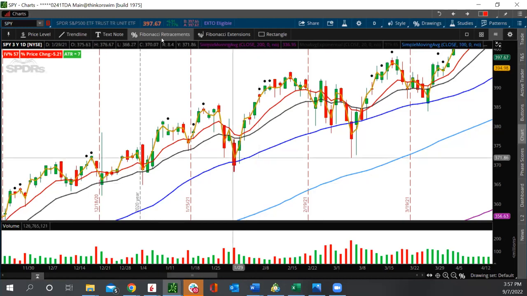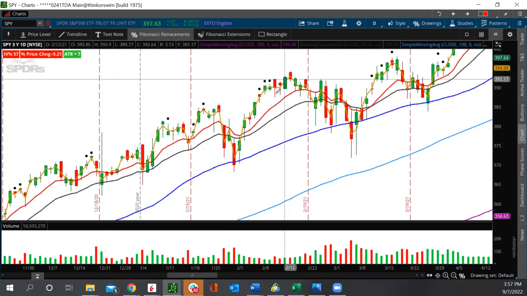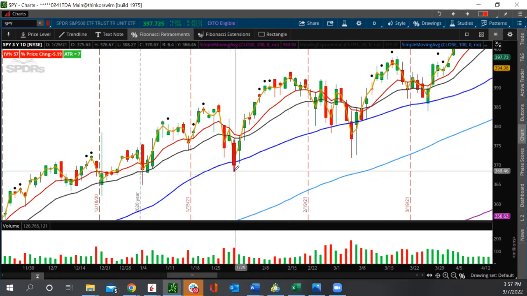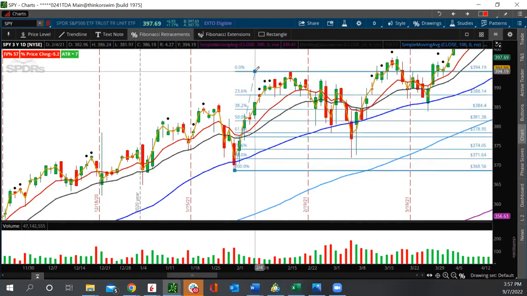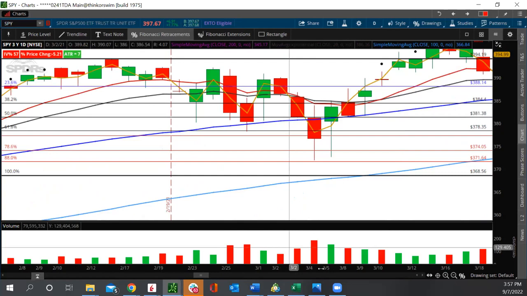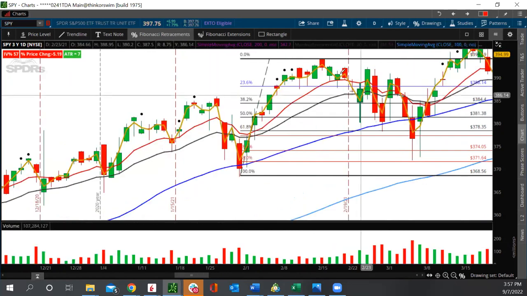But let's say I were going to do this Fibonacci retracement again. Here's this most recent low, and then here's the high. So let's say you were looking at this and asking where can I get into a pullback? If you click on the low, and again, I'm just eyeballing it, and then go up here to the most recent high, now what's interesting, if we zoom in here, this candle right here was the pullback before it went up, and look, it came right into the 50% retracement and then it bounced.